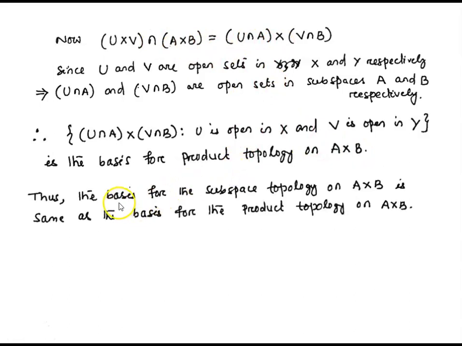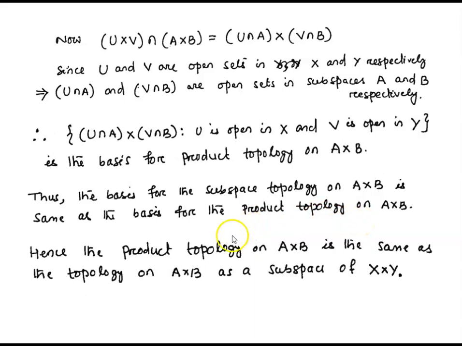So the basis for the subspace topology on A cross B is the same as the basis for the product topology on A cross B. Hence, the product topology on A cross B is the same as the topology on A cross B as a subspace of X cross Y. This completes the proof of the theorem.